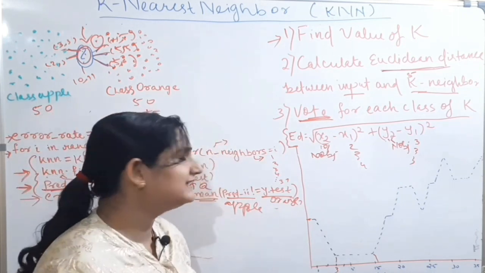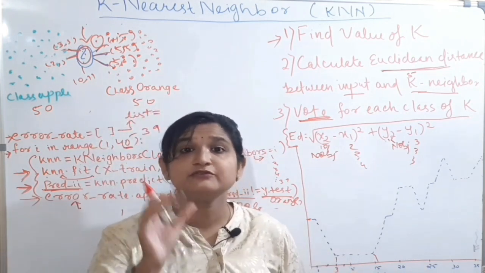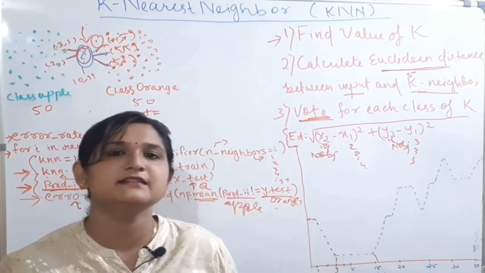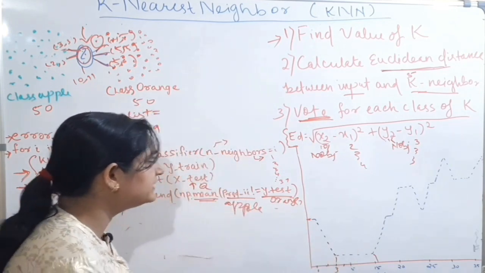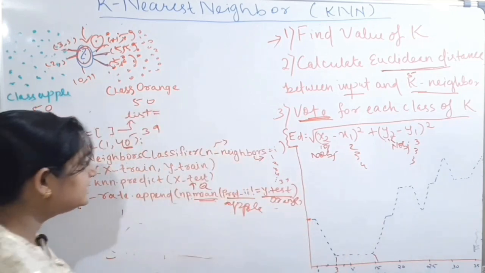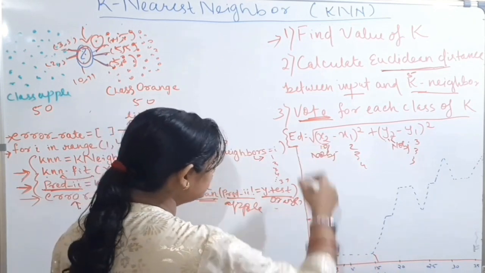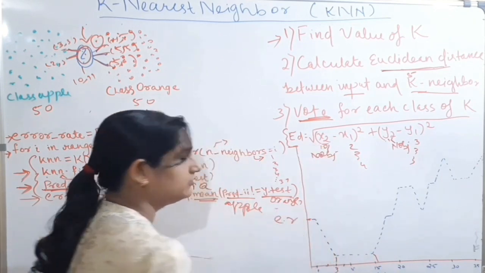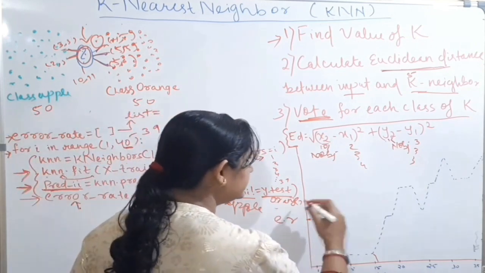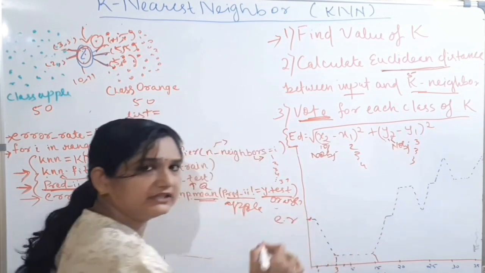Okay, after that the next step, after predicting the error rate, is to visualize. We should also know when there is a minimum error and when there is a maximum error. So for that, here I have drawn a graph. In the graph, the x-axis is your k value, and the y-axis is your error rate. When the k value is 1, the error rate is over here.